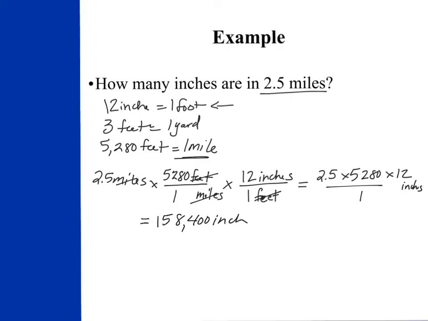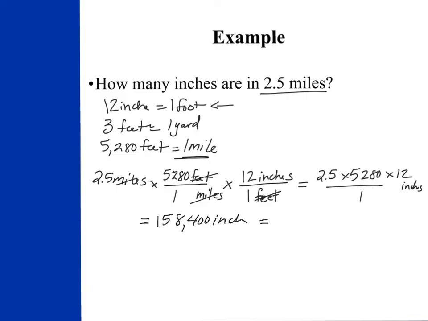Now, the next thing I need to do is write this number in the correct number of significant figures. And if we look back at our values used, we know that 12 inches is an exact number, so that isn't involved in our sig figs. And we look back again to our original problem, we have the number 2.5. So this tells me that I need to give 2 sig figs in my final answer.